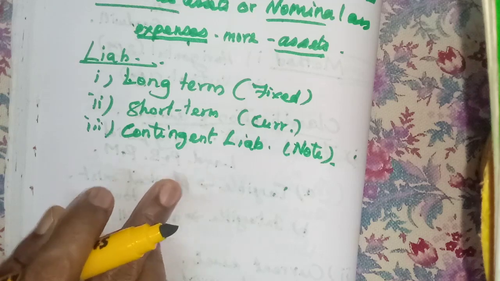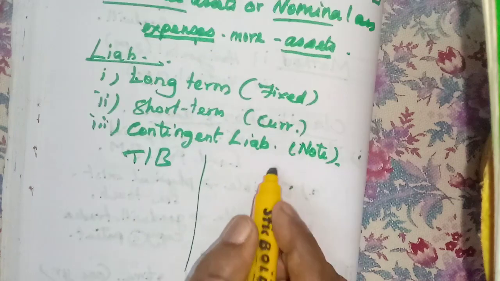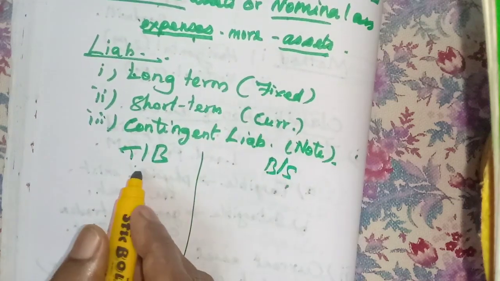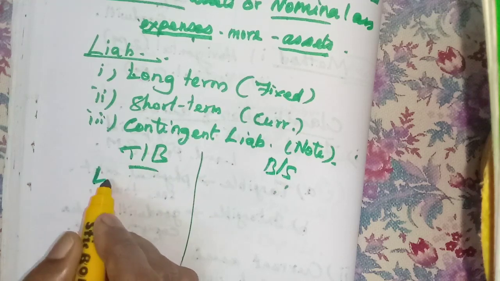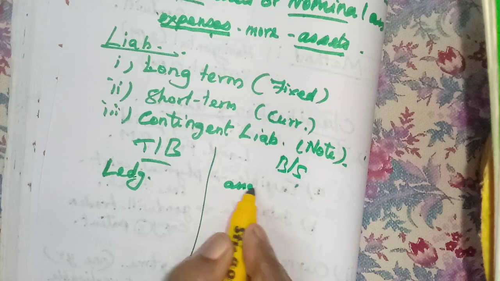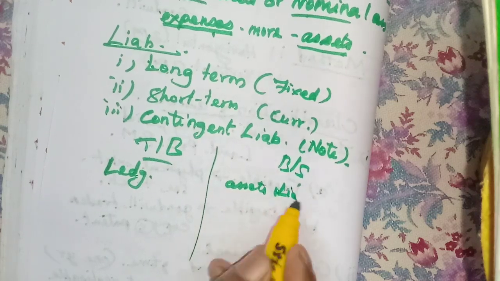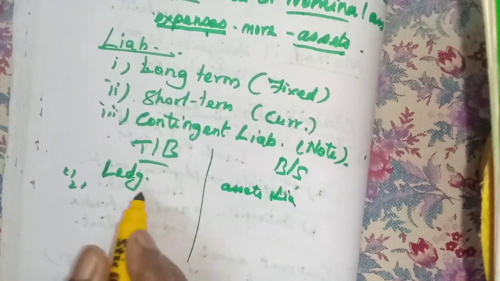Now, the difference between trial balance and balance sheet. We know the trial balance shows all the ledger balances. Here we show all the assets and liabilities. Then why do we prepare the trial balance?